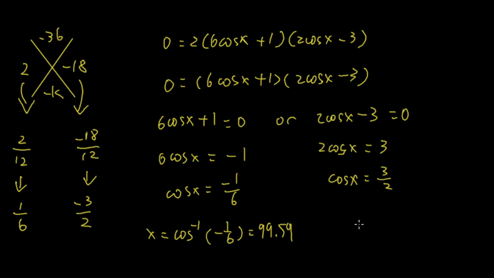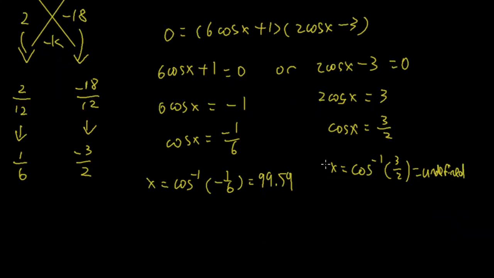Then x is equal to cosine inverse of 3 over 2. Let's see if we have the value here. It's undefined. But anyway, we have one that works.